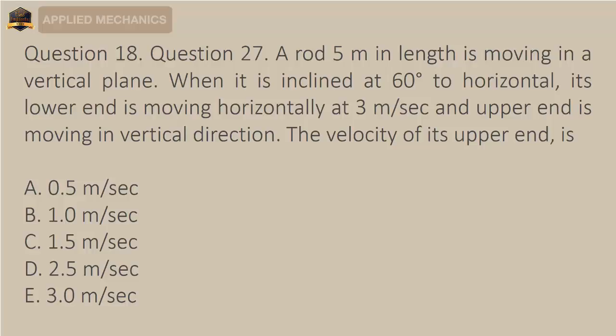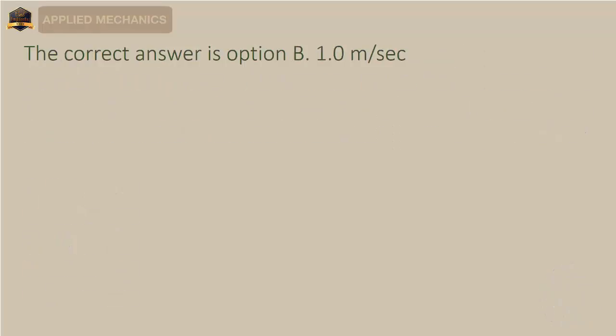The velocity of its upper end is: A. 0.5 meters per second B. 1.0 meters per second C. 1.5 meters per second D. 2.5 meters per second E. 3.0 meters per second. The correct answer is option B, 1.0 meter per second.